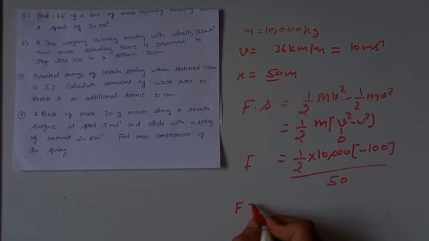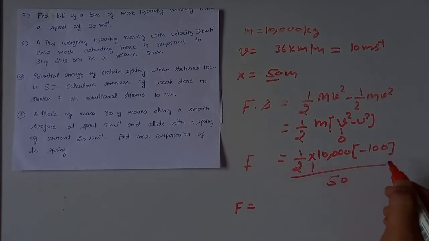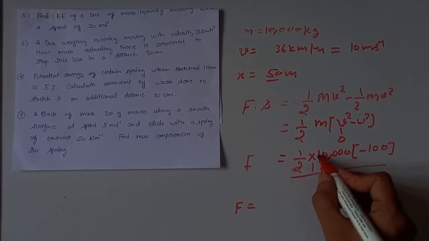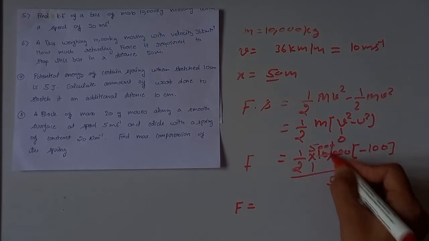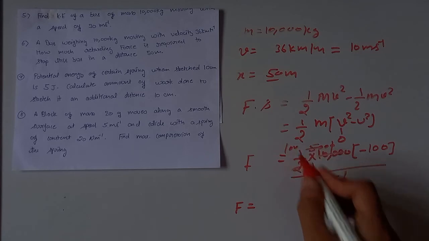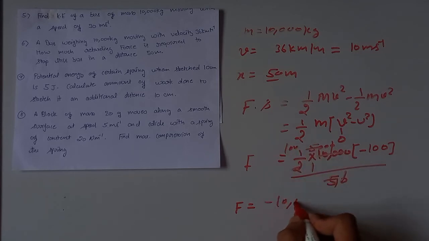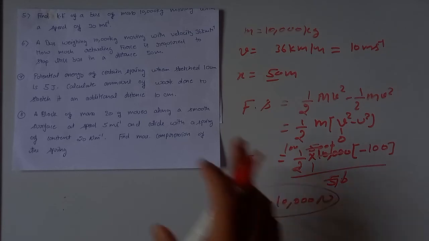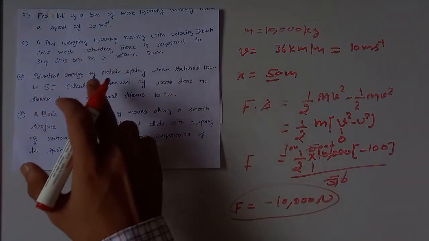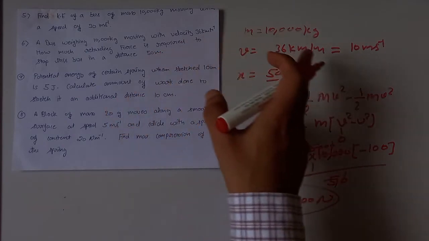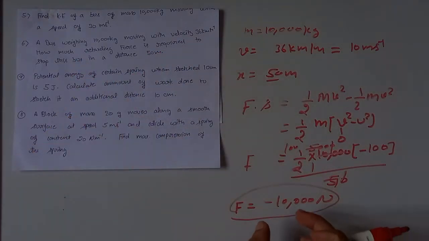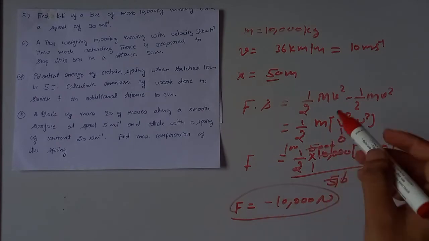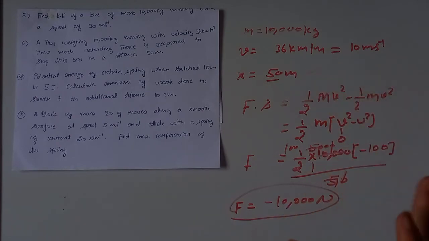Now f is equal to 2 ones are 2, 2 fives are 10, cancel the zeros, 5 ones are 500, which is equal to minus 10,000 Newton. This is the retarding force required to stop the bus weighing 10,000 kg moving with velocity 36 km per hour in a distance of 50 meter. I hope the numerical is clear to you.